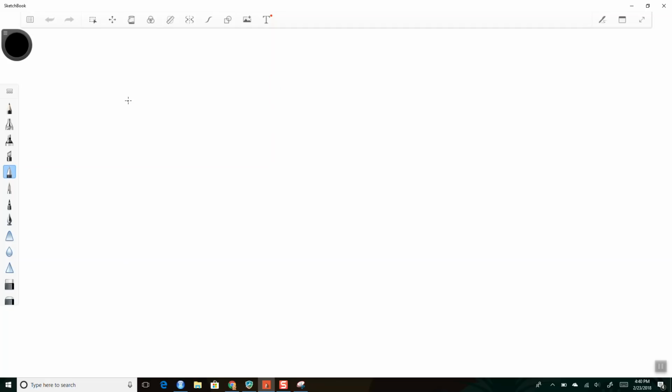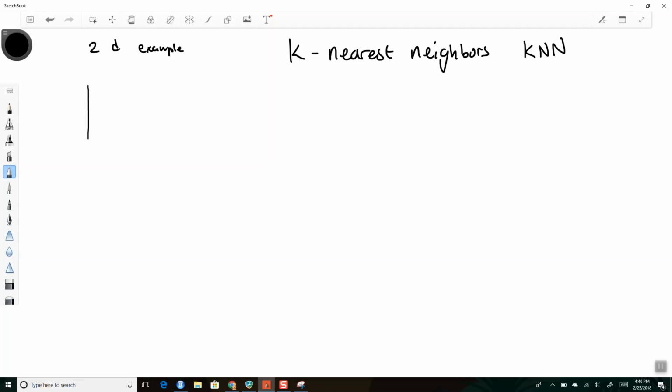All right, so K-nearest neighbors, also called KNN. I'll start off with a 2D example. Let's say we've got stuff like this.